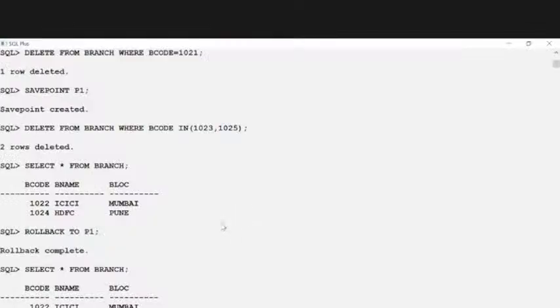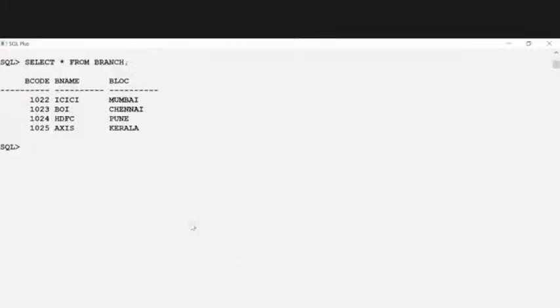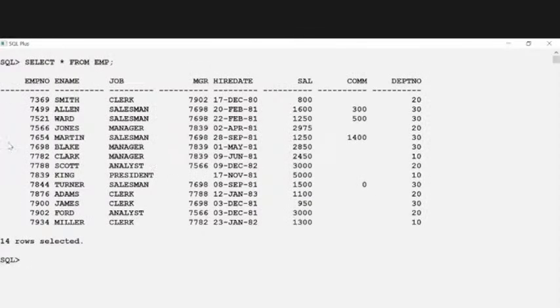Okay. And the next topic. So this is my table and the table information. Now from this table, I need to find out which employee is getting the first highest salary.